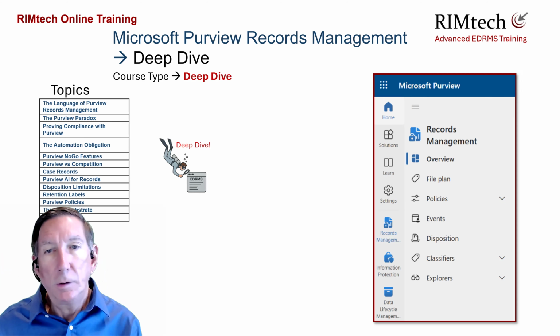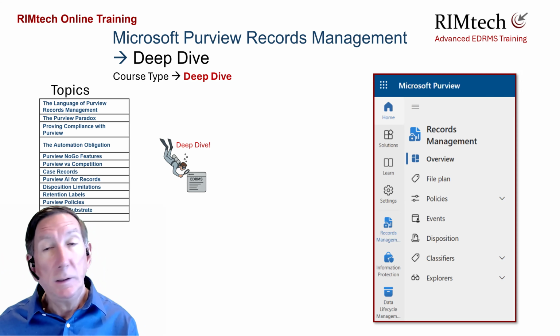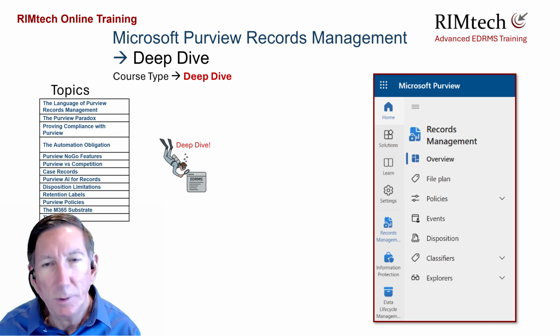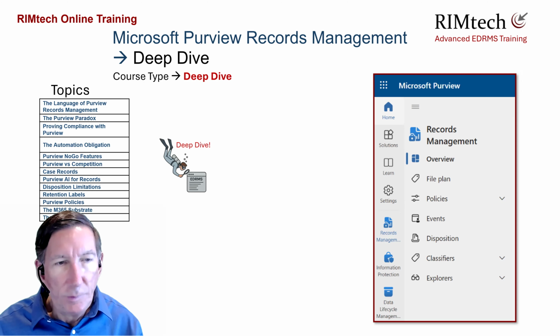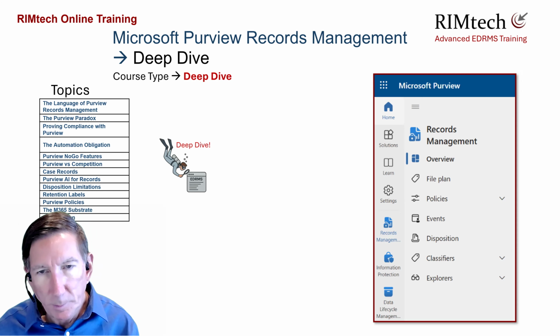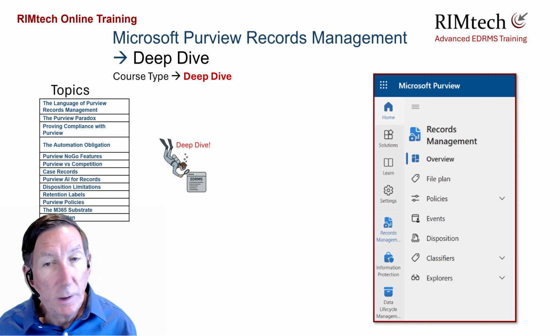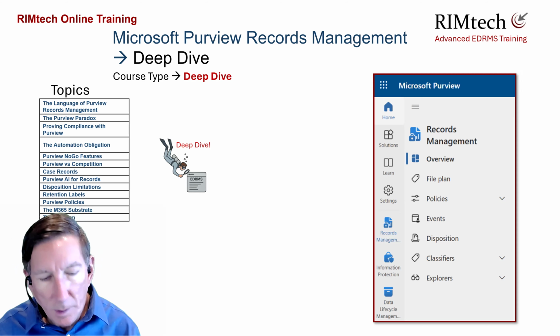This is highly technical, but we've got to go there. You'll probably need some help from IT. It's a really good idea to have IT take this course with you if you're an IM person. And we'll also cover the retention schedule and how it is utilized inside Purview Records Management. Inside Purview, they call it the file plan. So that's a rough summary of what we're going to cover.